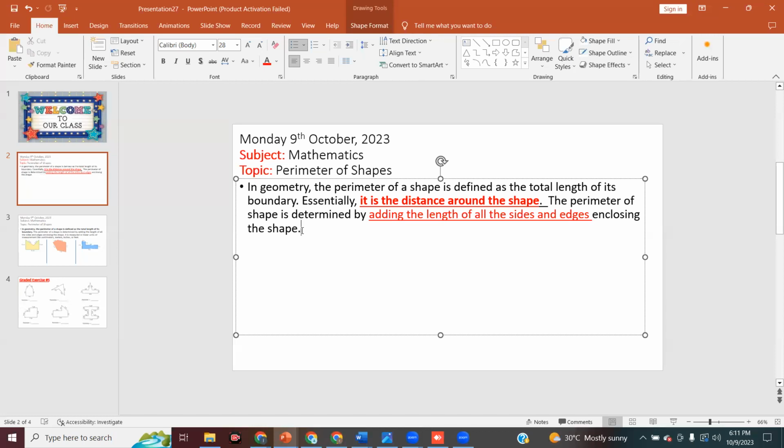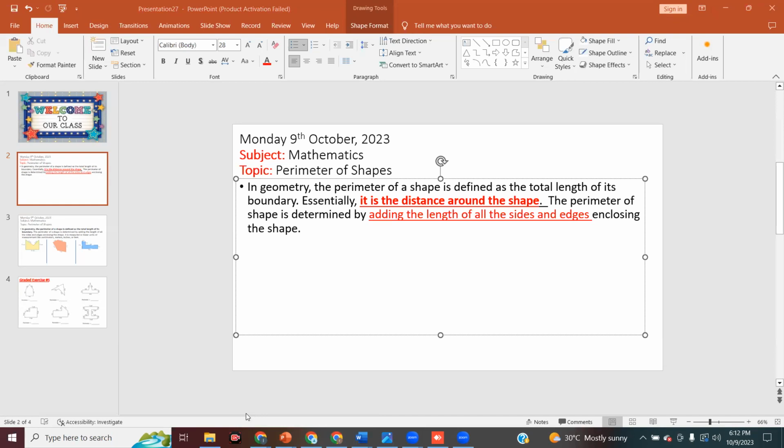So Waterfall, what is the perimeter of an object? The perimeter of an object is the distance around the shape. Very good, the distance around the shape. And Dion, how can we find the perimeter?